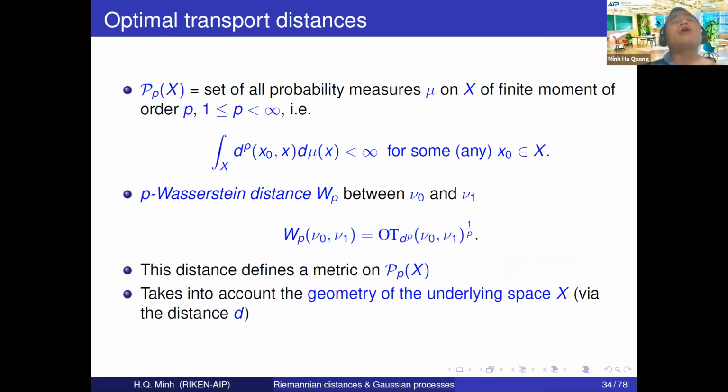And now on the set of probability measures with finite p-th moment, there is something called the p-Wasserstein distance, given by this OT quantity to the power of 1 over p. This defines a metric on this set of probability measures, and it takes into account the geometry of the underlying space X, via the distance on the space X.